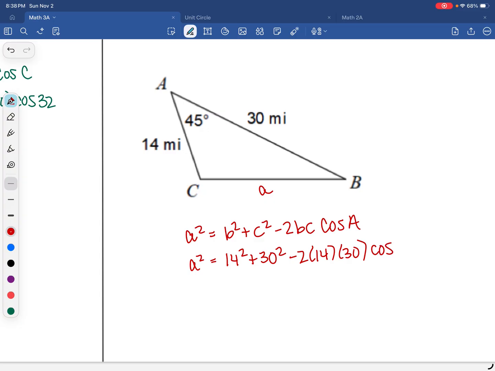And then cosine of A is cosine 45. All right. Really, this is just kind of plug and chug kind of stuff. So I'm just typing all of that craziness in. Cosine 45.